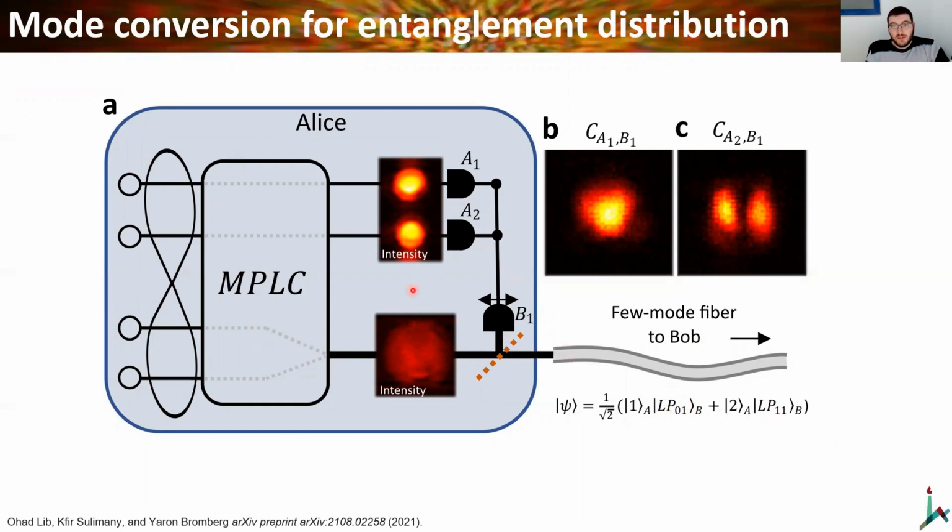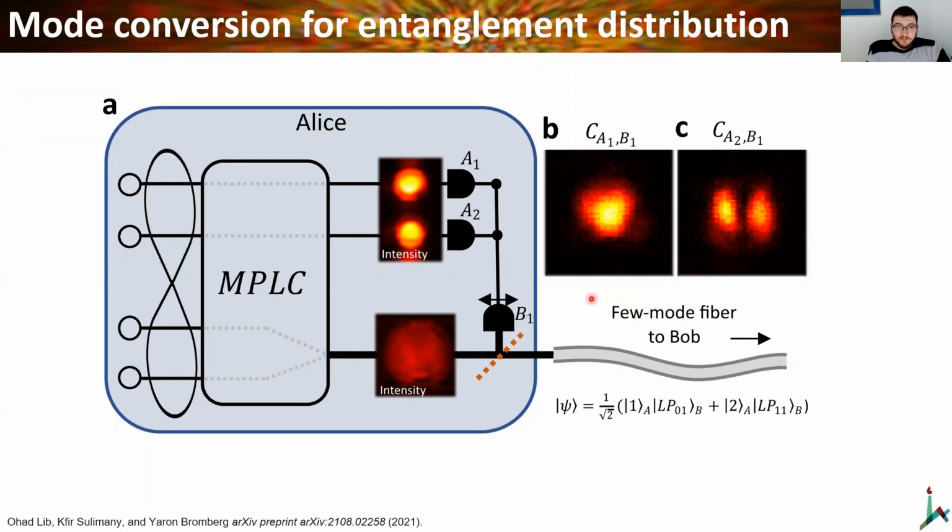Now at the output of the MPLC, we can measure the correlations between the photons as well and see that their spatial profile can be either the LP01 mode or the LP11 mode, depending on which spot you measure. So we can convert the modes and convert the entanglement so that it could be later distributed, for example, through a few-mode fiber.